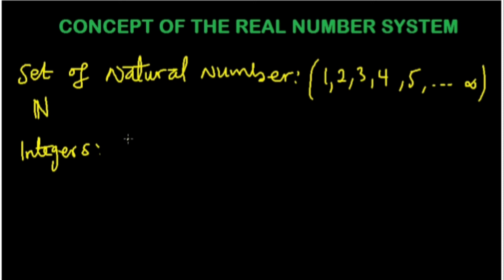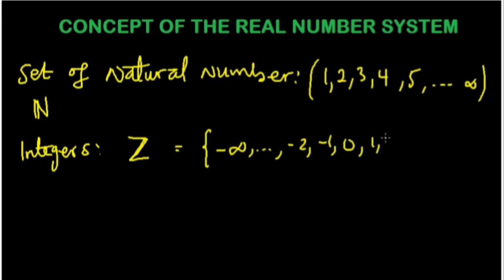It is denoted by the symbol Z. Examples of integers are from minus infinity, like that: -2, -1, 0, 1, 2, 3, and so on, to where we want to stop. So it involves zero, positive and negative all together, and that's how we work with it.